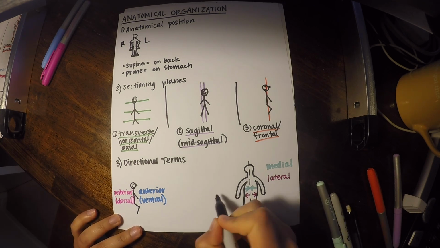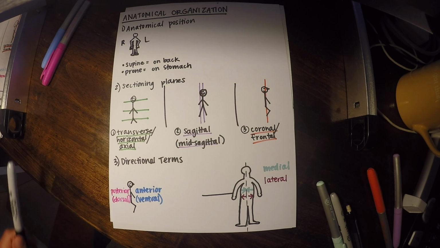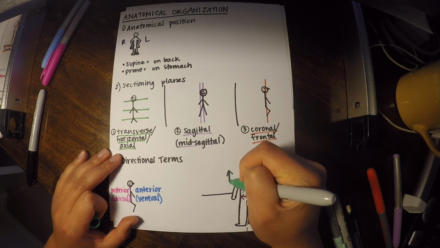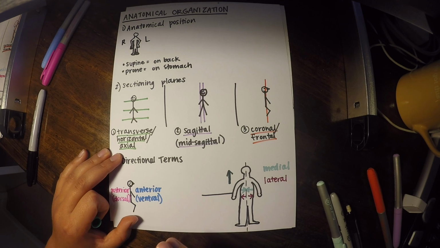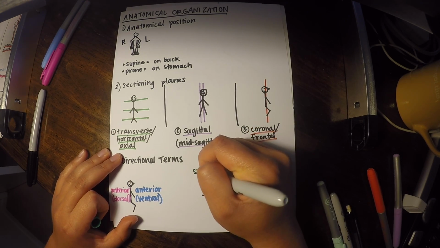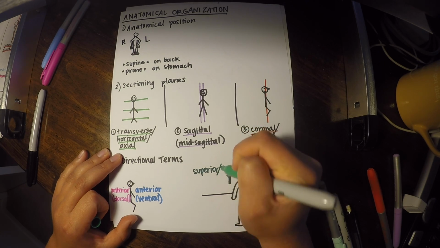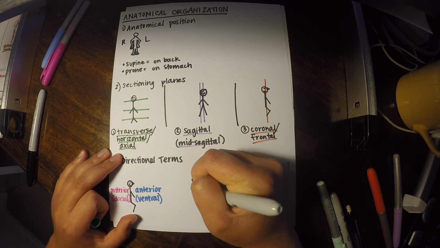These are our last directional terms. So we can point to basically above, which is going to be called superior. It's also called cranial, and it's also called cephalic.